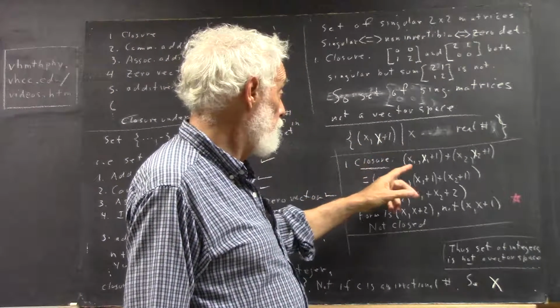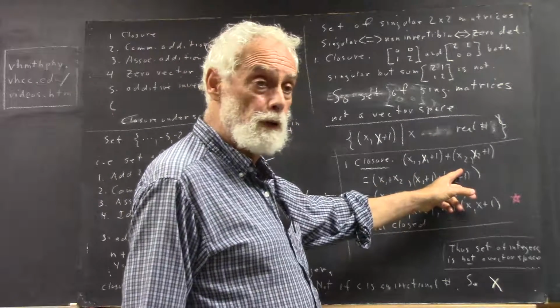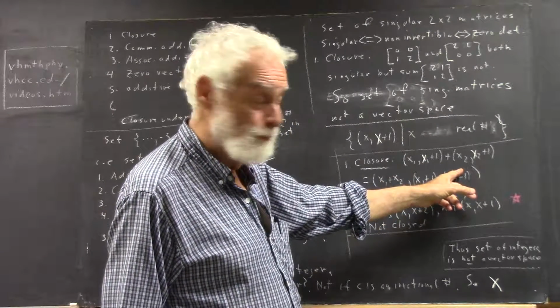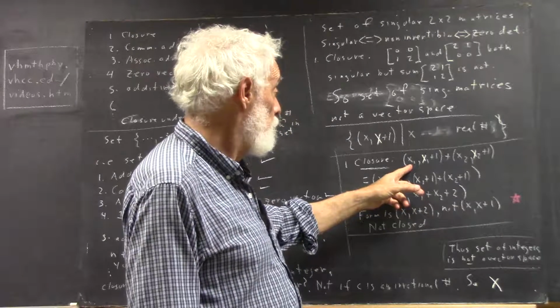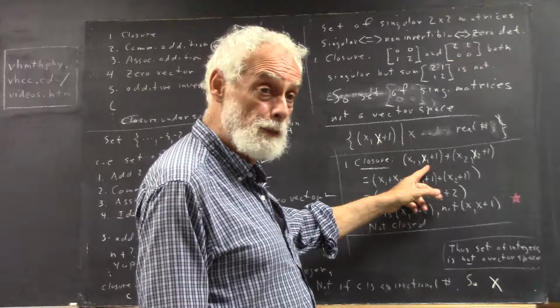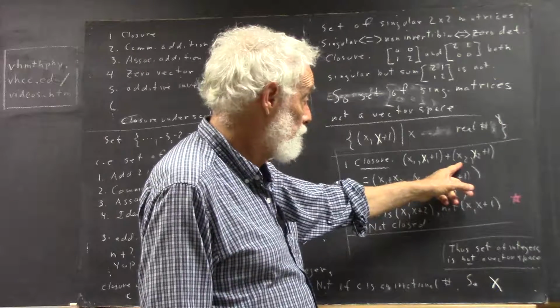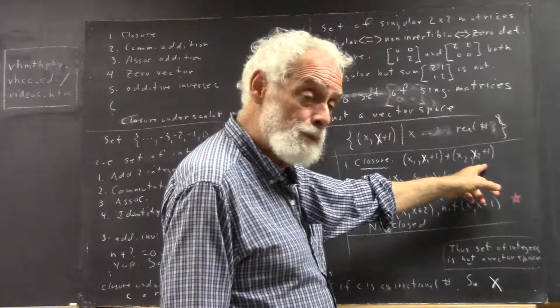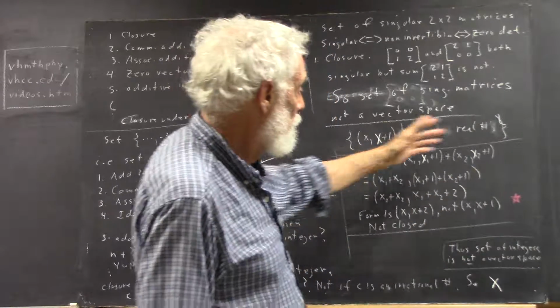Let's call the first component of the first x1 and the first component of the second x2. Since it has this form, the second component of the first is x1 plus 1, and the second component of the second is x2 plus 1. Now, what do we get when we add these?